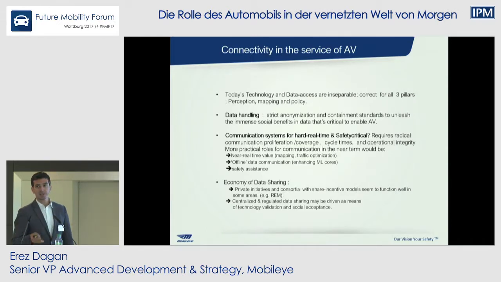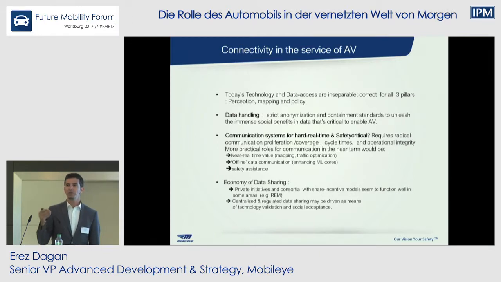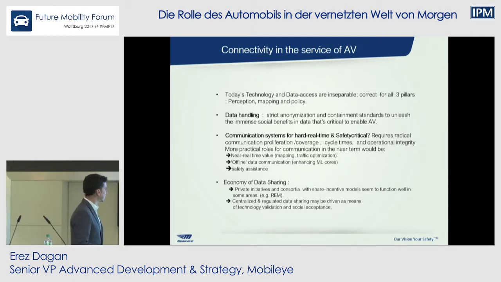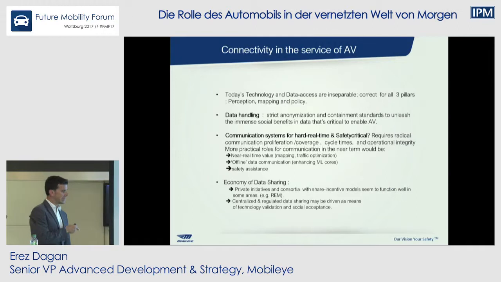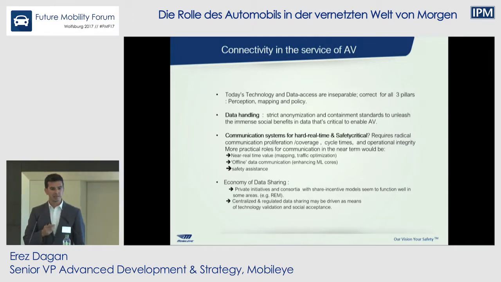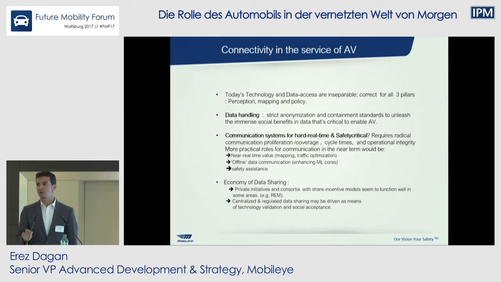Offline data communication goes without saying. We need a way to offload information from the vehicles in a way that serves these machine learning cores. And safety assistance, and I insisted on writing assistance, because we cannot build the technical safety concept of a vehicle on a fully available hard real-time communication system. It cannot be done.